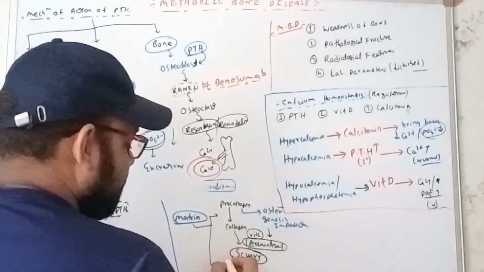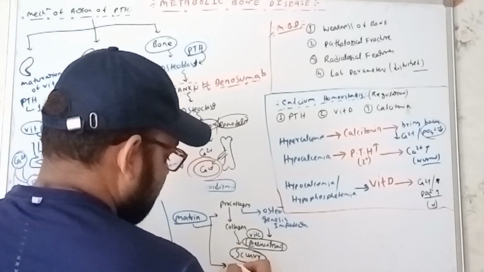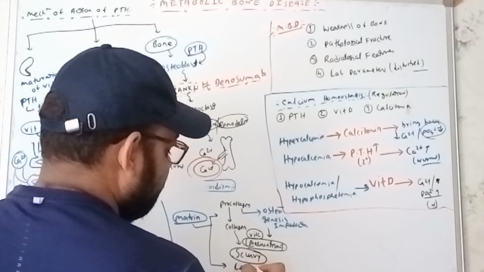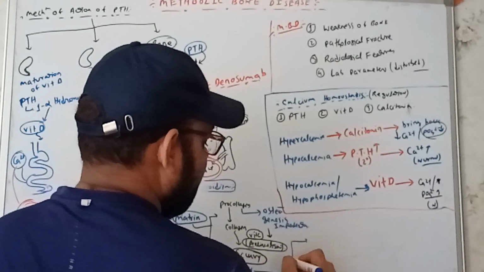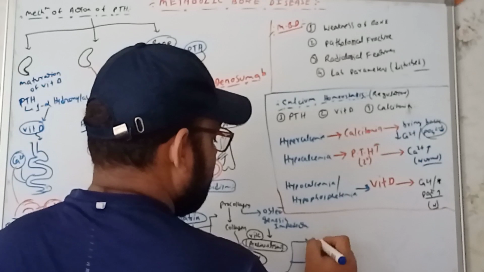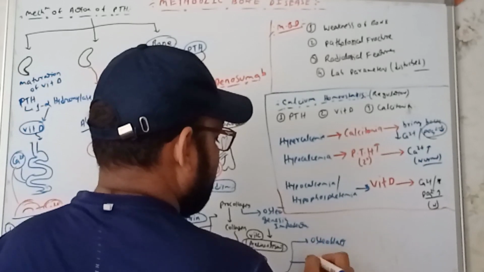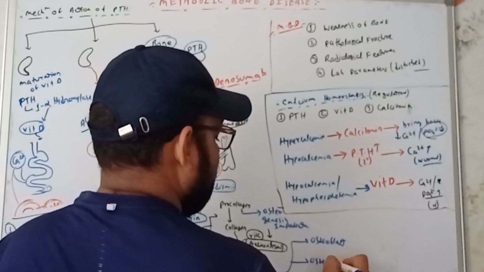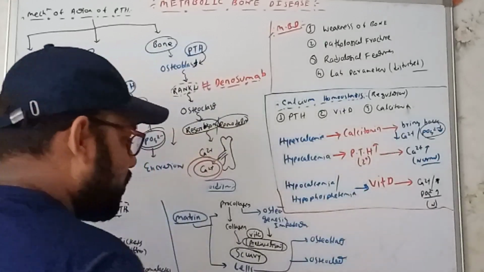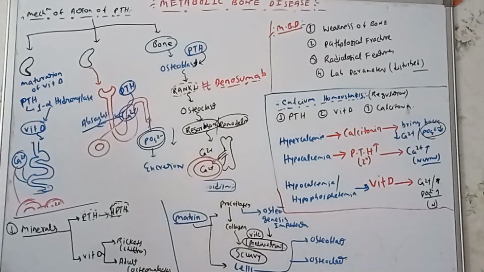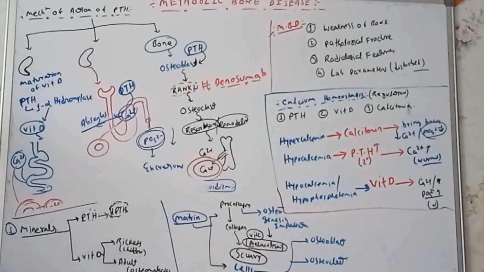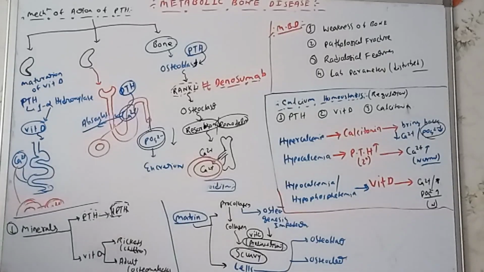And as far as the matrix is concerned, we can get to see the cells. Within the cells, we'll get to see osteoblast and osteoclast. So what did I say? As far as the matrix is concerned, we'll get two things: the collagen and the bone cells.